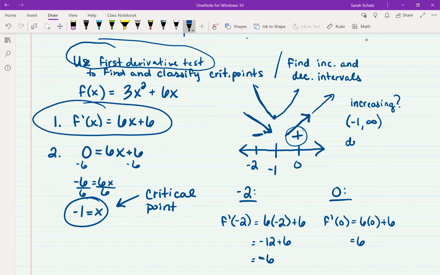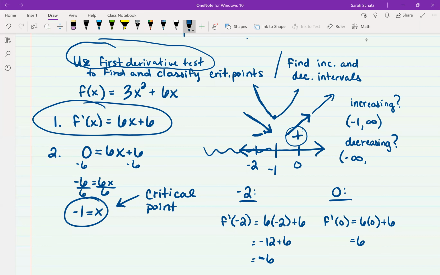So let's talk decreasing. Well, that's going to be where your graph is going down, or where the derivative is negative. So you guys, that's going to be everywhere to the left of -1. So because it goes on all the way to the left, any x value as you go to -infinity is going to be part of this decreasing interval.